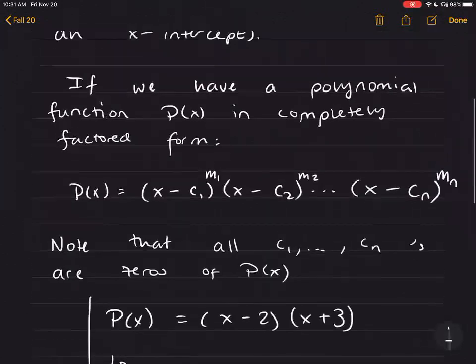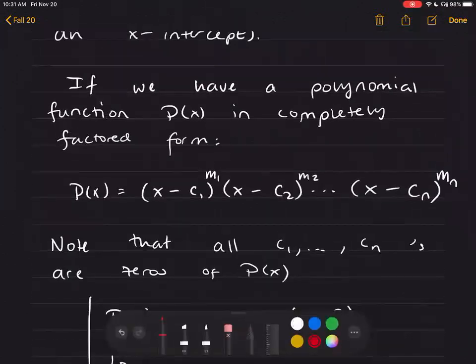So to see that up here, c sub 1 has multiplicity m1, and c2 has multiplicity m2, all the way down to cn has multiplicity mn.